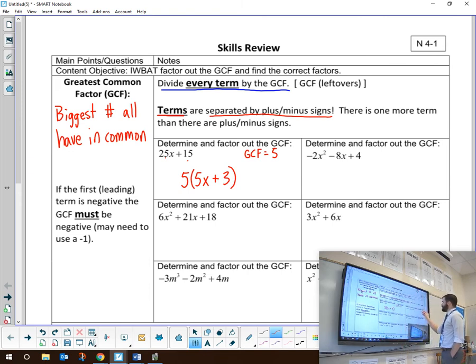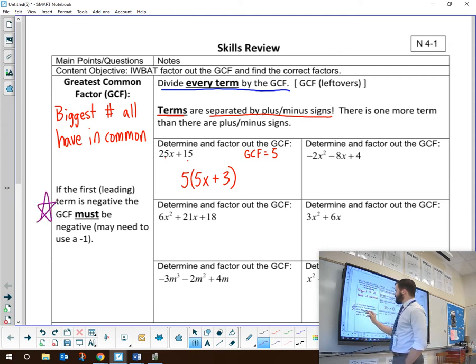Let's take a look at this next one. Let's determine and factor out the greatest common factor. Here, though, I have three terms: a negative 2x squared, a negative 8x, and a 4. Don't let that scare you. We're just going to divide all three. There is something that I need to make sure that you see, though. It is this right over here. If the leading term is negative, the GCF must be negative.